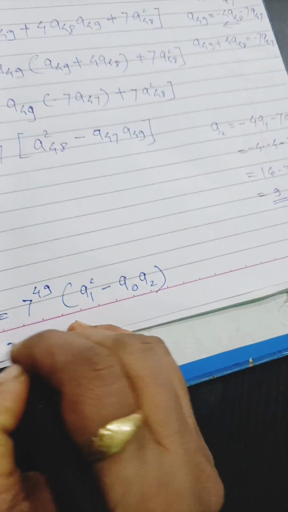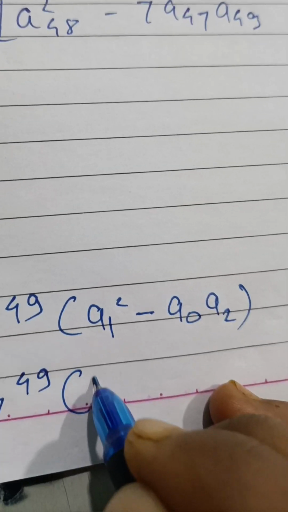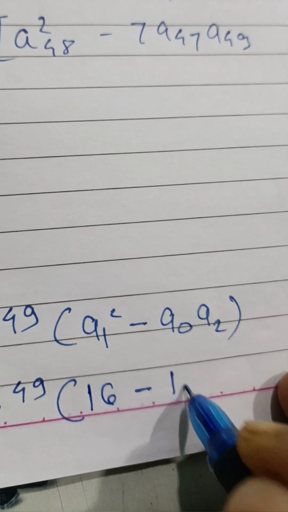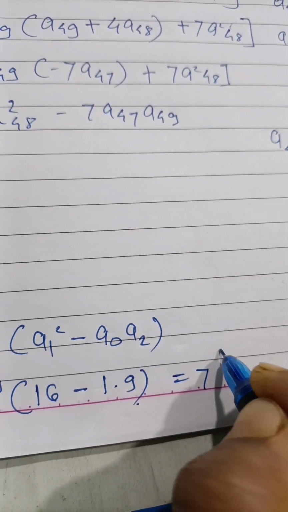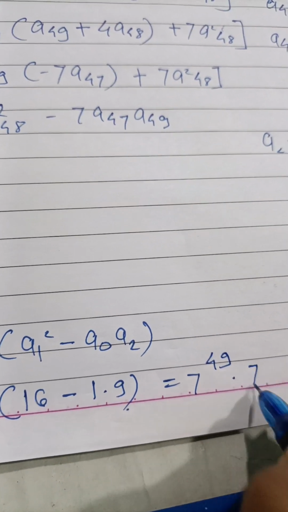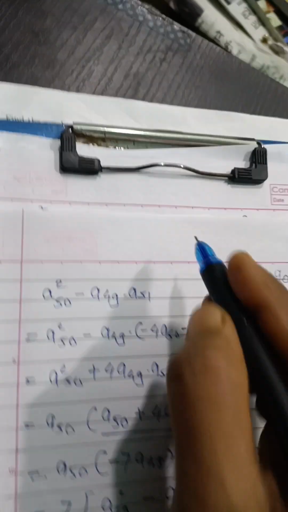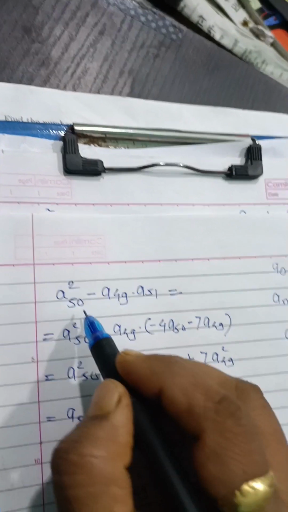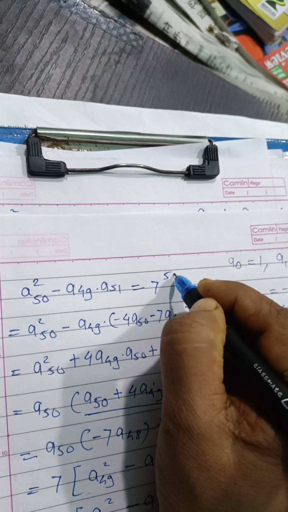So substitute here: 7 to the power 49 into 16 minus 1 into 9, equals 7 to the power 49 into 7, that is 7 to the power 50.